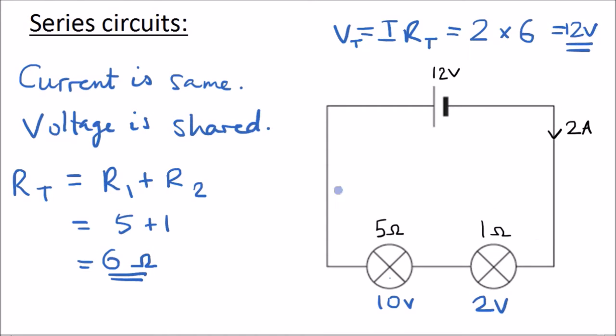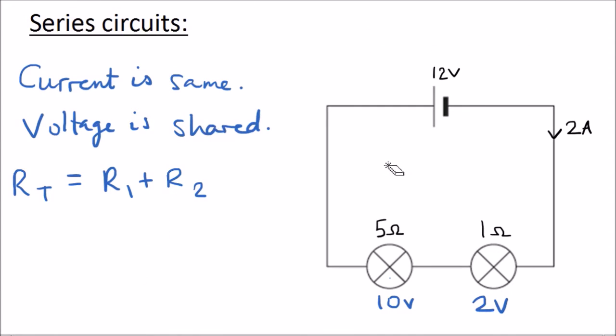So if we treat all the resistances as one block of resistance, we can do V equals IR, and we see that it still works. So the voltage from the battery, using the current in the circuit and the total resistance together, still works, and V still equals IR. So that's how we treat current, potential difference or voltage and resistance in series.